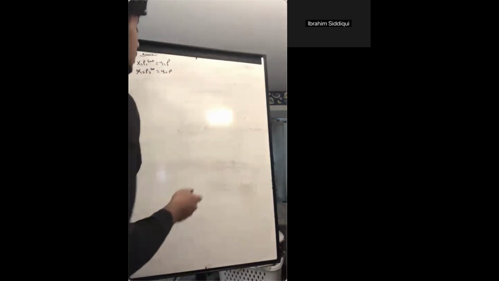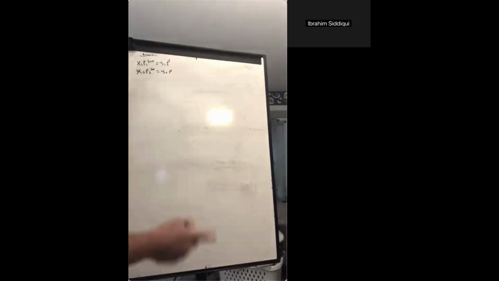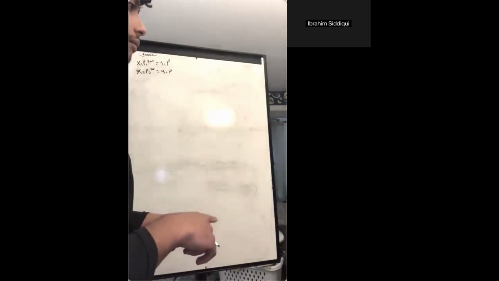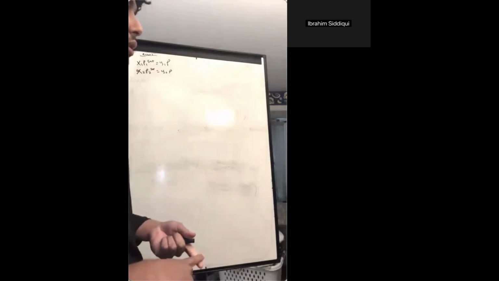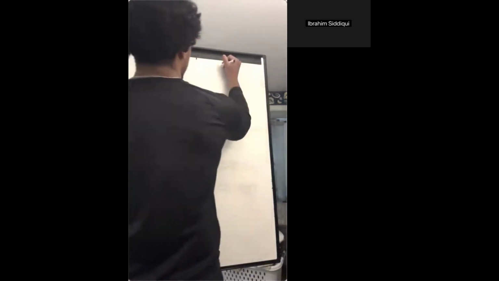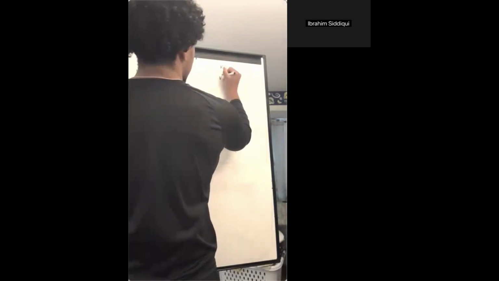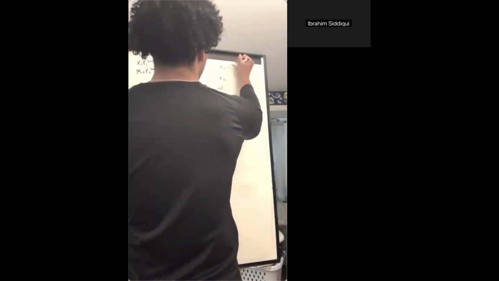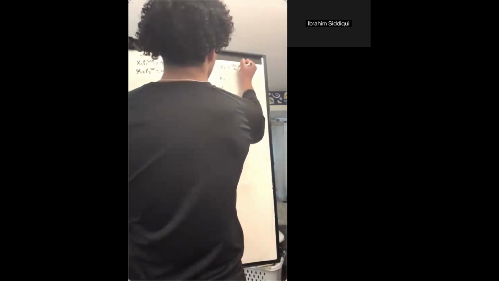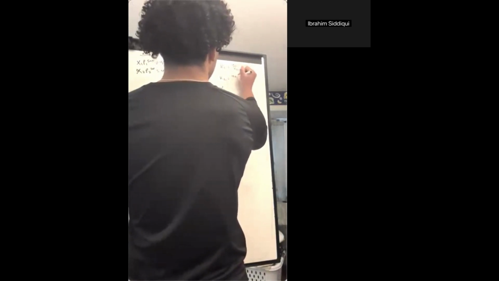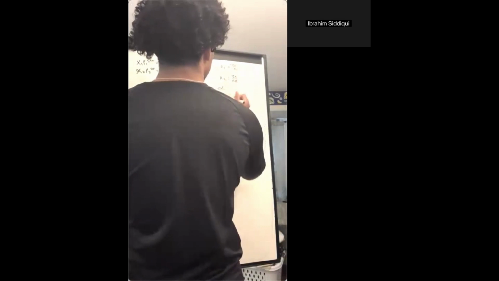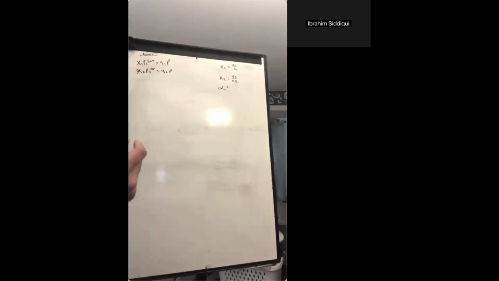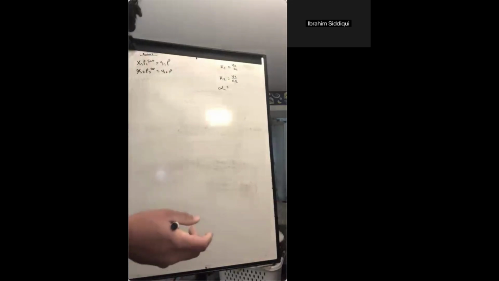Perfect. Okay, so before we get into this, we want to first start by saying what is K1, what is K2, and what is alpha. K1 is just going to be y1 over x1, and K2 is just going to be y2 over x2. And then our alpha is going to be K1 over K2.